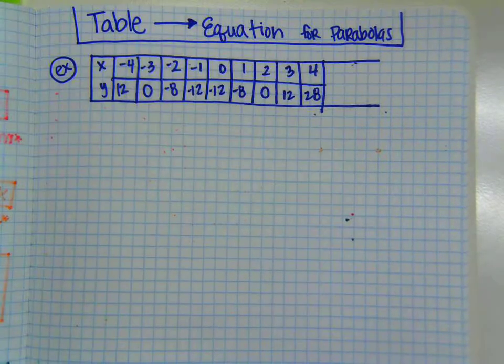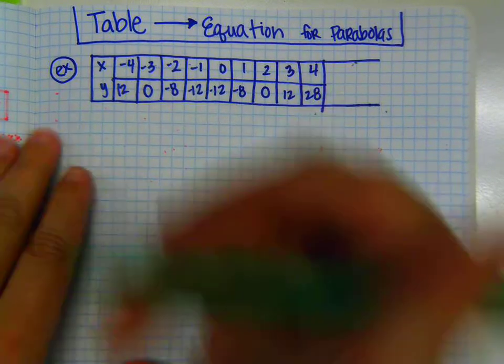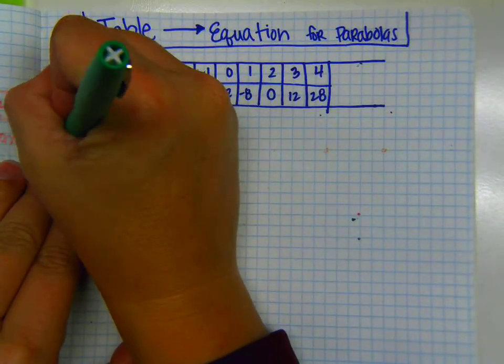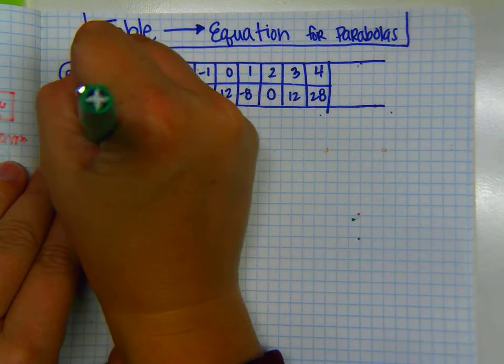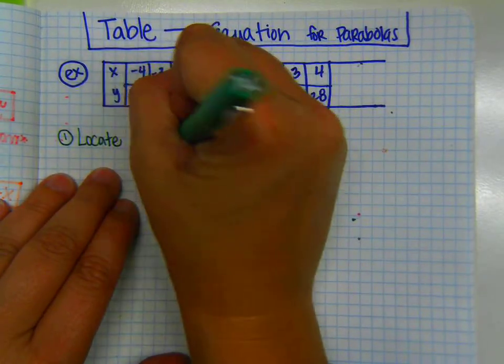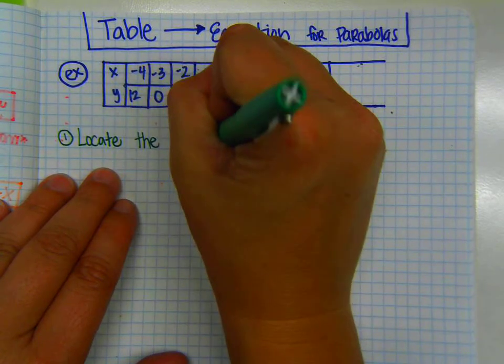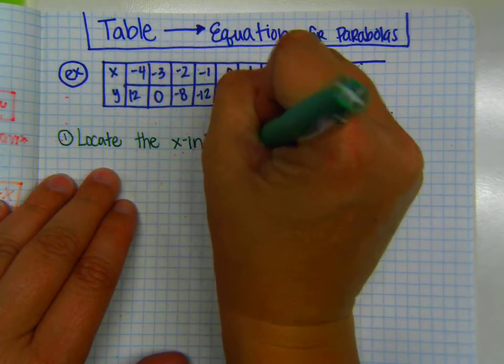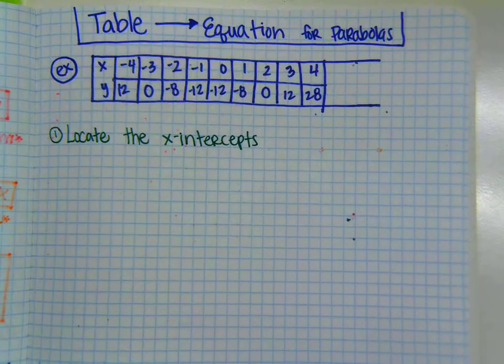So when you're doing this, the first step is going to be to locate the x-intercepts. Okay, so looking at the table, we need to find the x-intercepts.